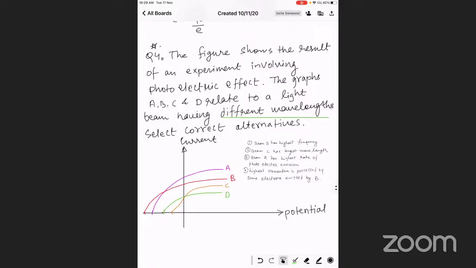There is a metal plate, and on this metal plate, we are illuminating different radiations. Okay, 4 different radiations A, B, C, D. So which options are correct?